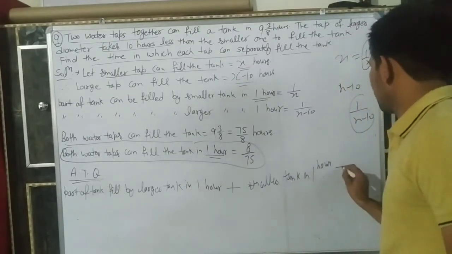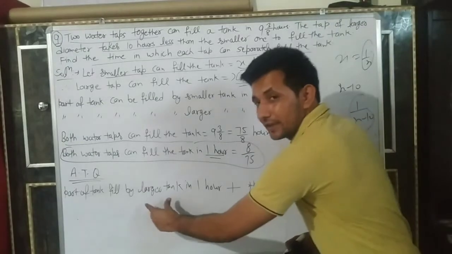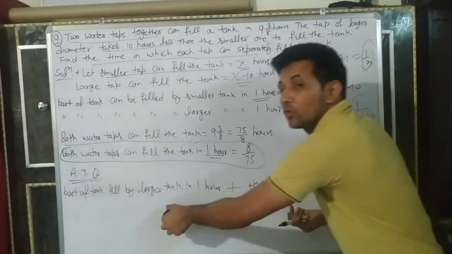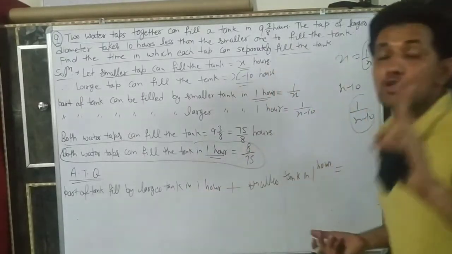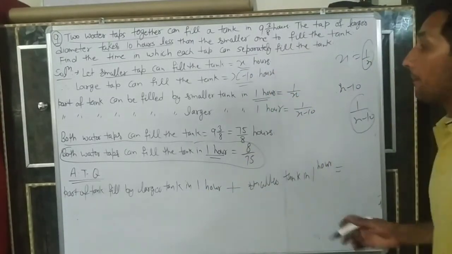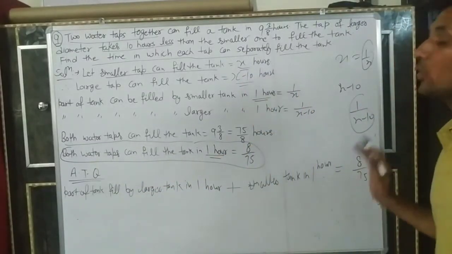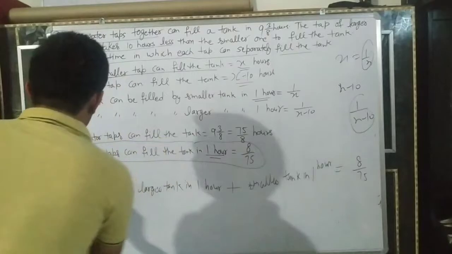First tap plus second tap. So this work is finished by both of the taps in 1 hour. But both can fill how much? 8 upon 75. So you can write a very simple equation, dear.